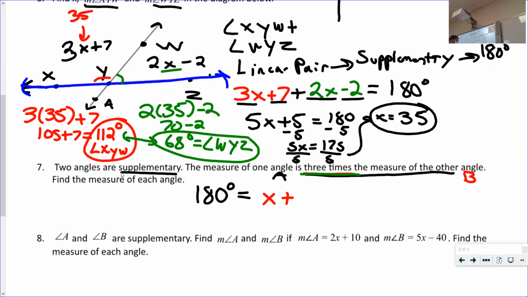So if B is X, A is going to be 3 times X. Why 3 times X? Because it's 3 times the measure of the other angle. Any questions on the setup?